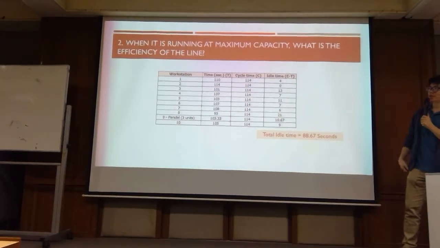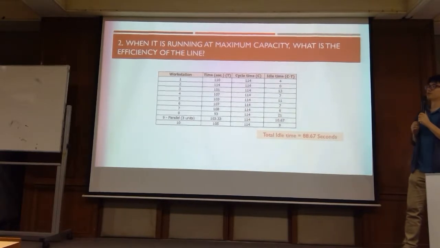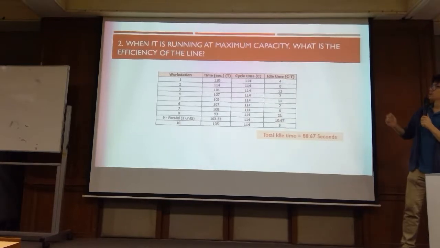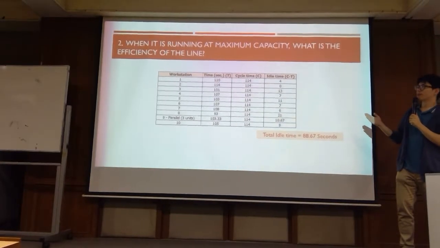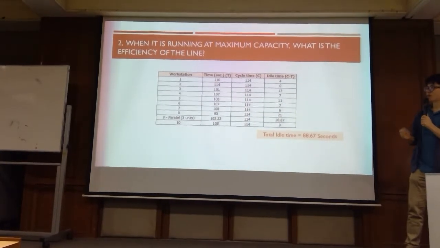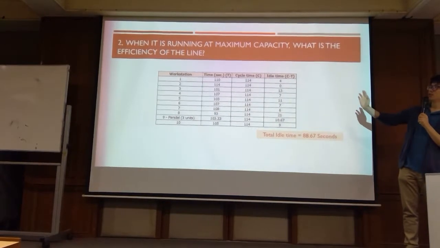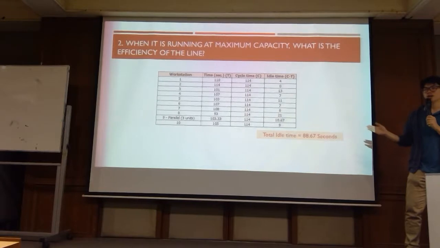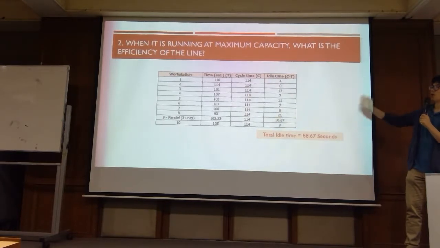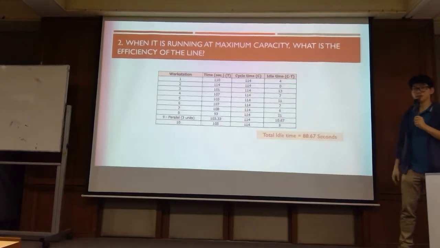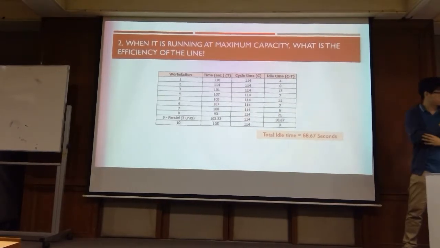Therefore, second, we're going to calculate the efficiency. So we calculate the idle time. We use the bottleneck cycle time, 114, as the main one, and then we deduct the time we get from each station. So we get all the idle times, and then we calculate the total idle time, which is 88.67 seconds.